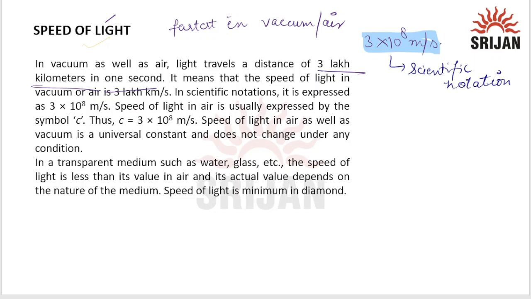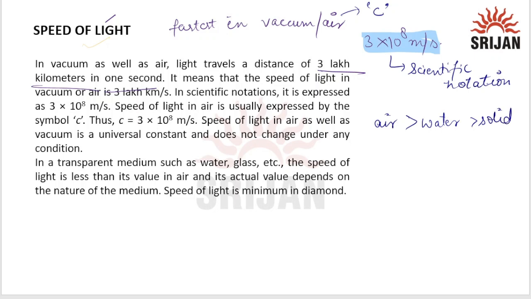The speed of the light in air is represented by the letter C, and in other mediums the speed of light is always less. In general, you can say that the speed of light is highest in air, then in water, then in the solid.